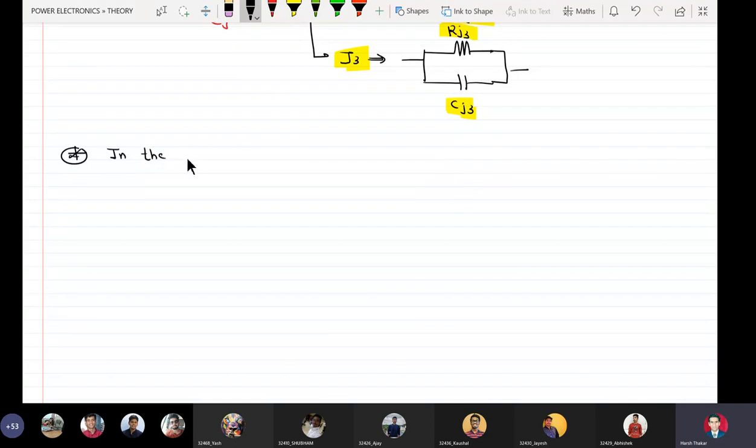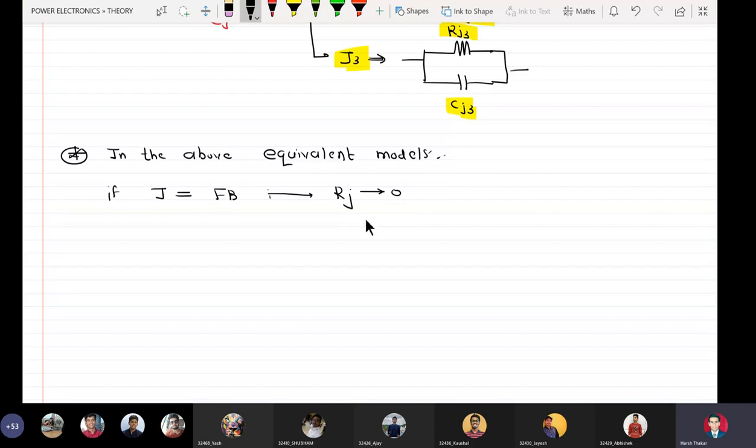In the above equivalent models, if junction is forward biased, understand that RJ tends to 0 and CJ tends to infinity.